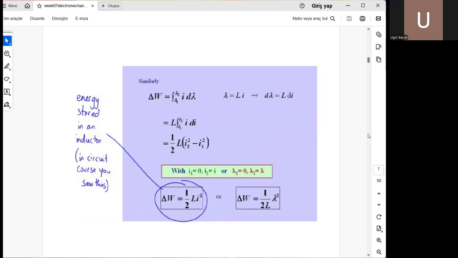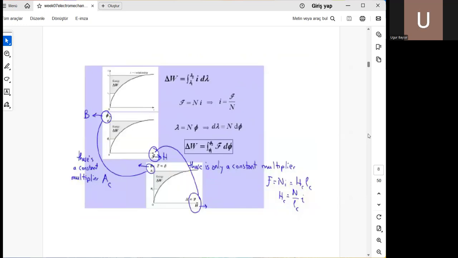If the initial condition is 0, where i1 or lambda 1 is 0, it's the same as the stored energy in a general inductor. When we consider the general case from any value, from phi 1 to phi 2, as shown in the nonlinear graphics, these nonlinear graphics are very typical of the magnetic circuits in this electrical machinery course.